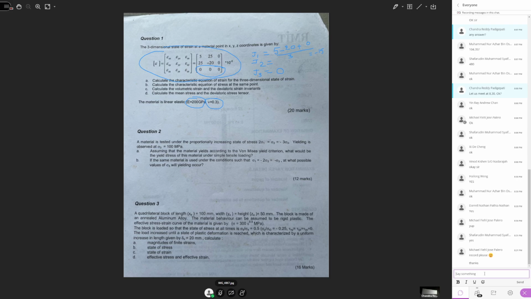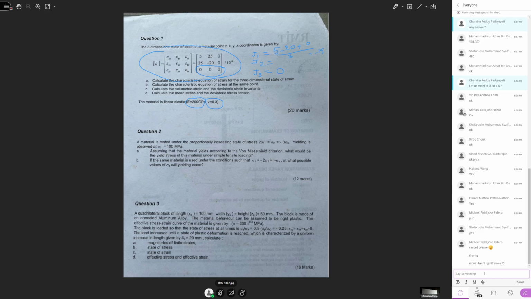Please note down the strain tensor, then the elastic properties, the Young's modulus and the Poisson's ratio. Then we'll work out the characteristic equation for the state of strain. Yes, minus 5, right? So we need to write 15 into 10 power minus 5.